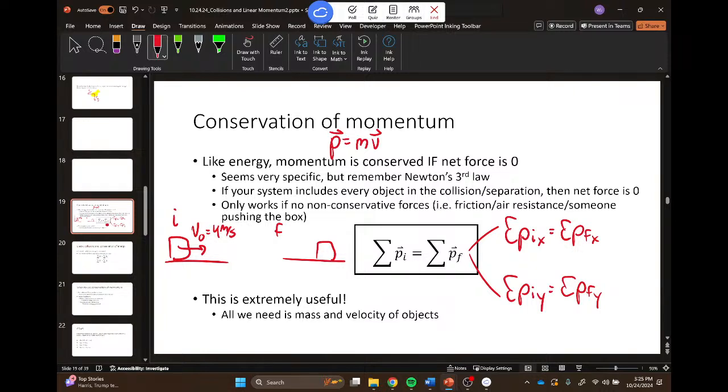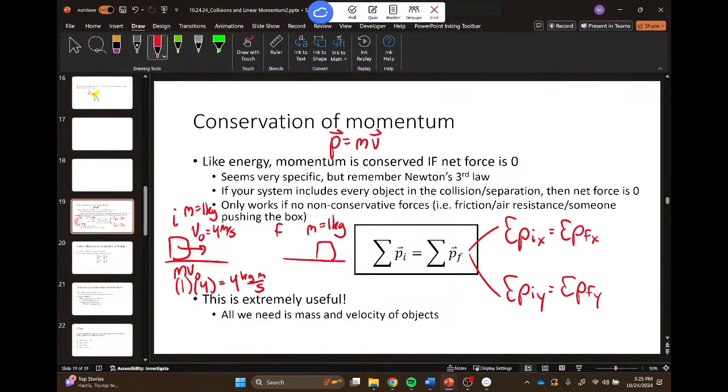Let's quickly see that conservation of momentum doesn't work for this. Let's make the mass of this 1. That's a nice number. The mass doesn't change. All right, so what's my initial momentum? mv initial. Great, what's that going to be? 1 times 4. So my initial momentum is 4 kilogram meters per second.